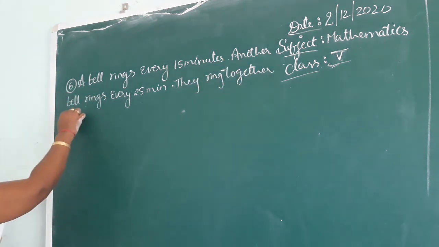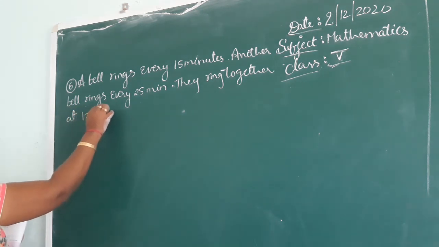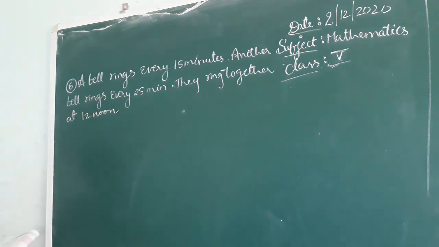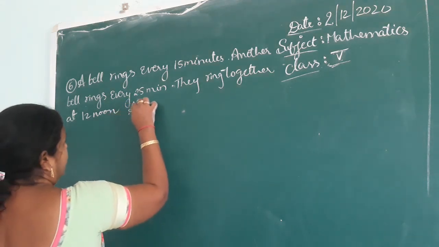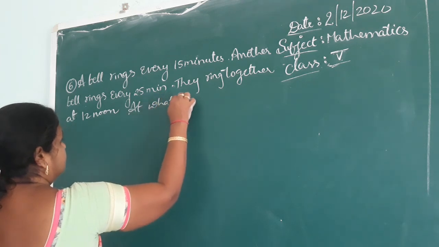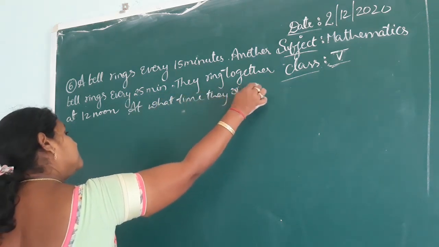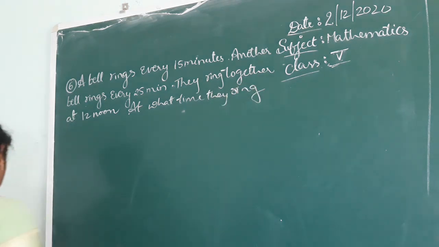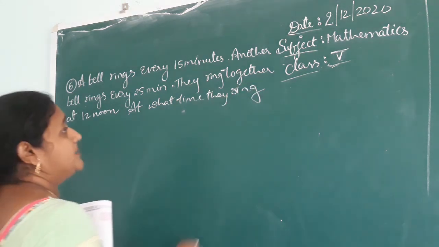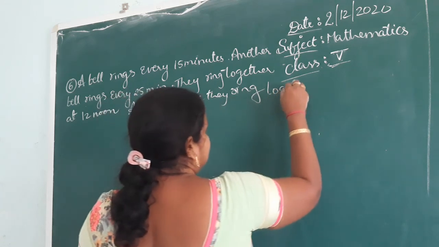They ring together at 12 noon. At what time will they ring together again? Together means both ring at a time.